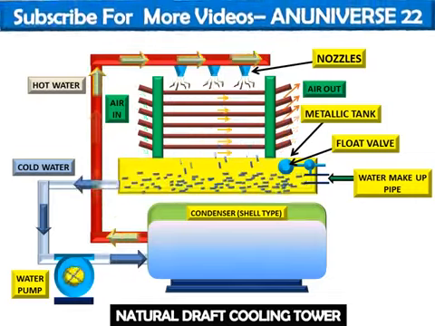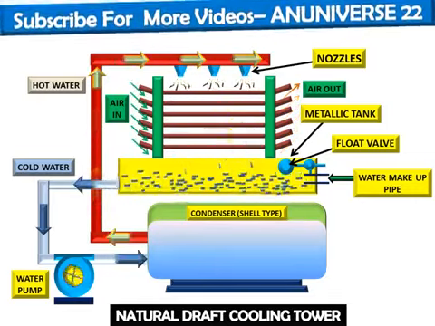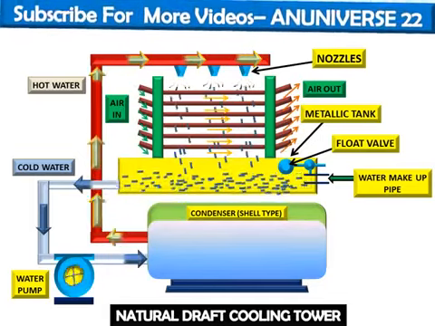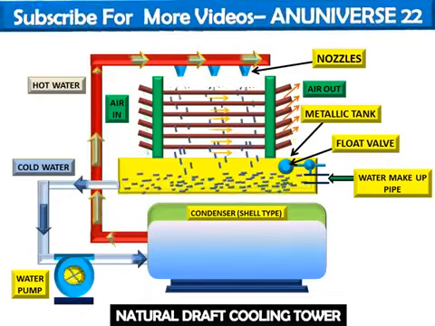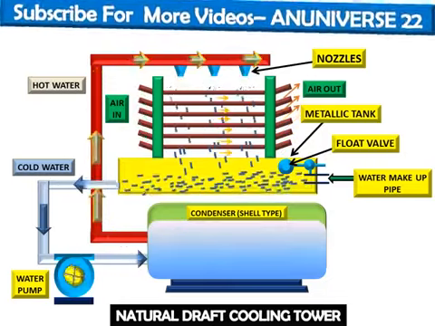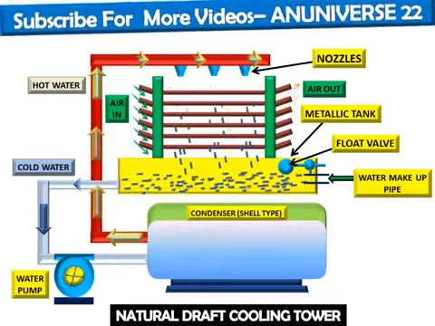And the natural draft cooling tower is located as per situation. If enough space is available, it is installed in open air outside the building, but when space is not enough and natural air is restricted, the roof of the building is the best location. And there are some limitations here.